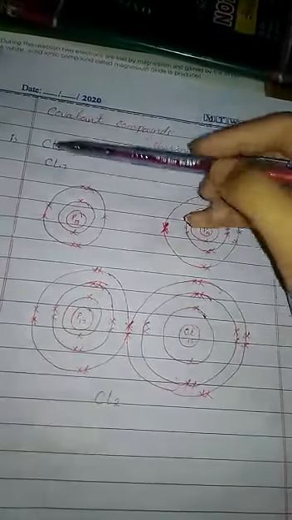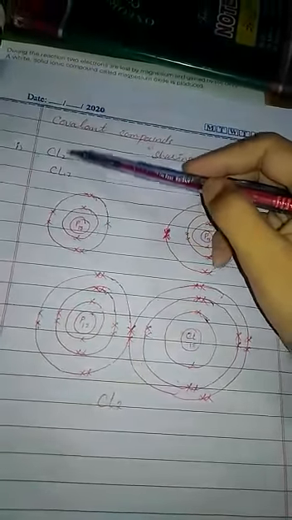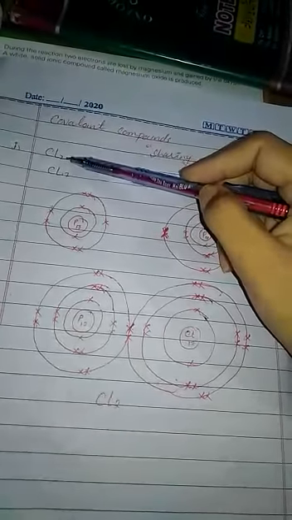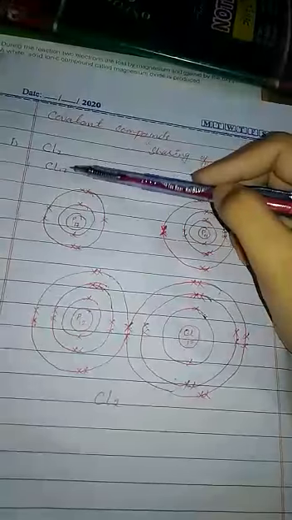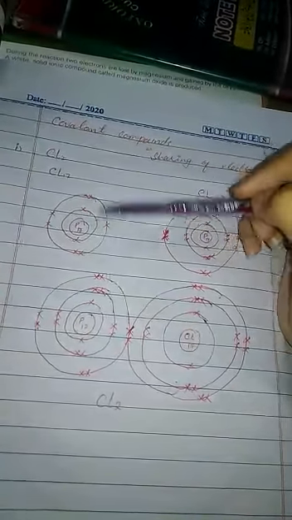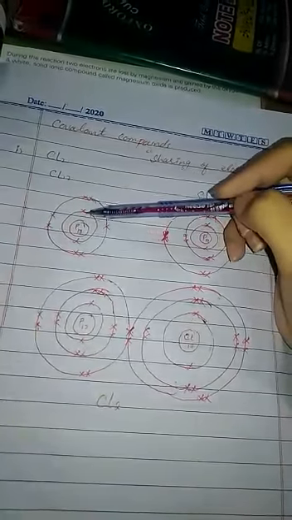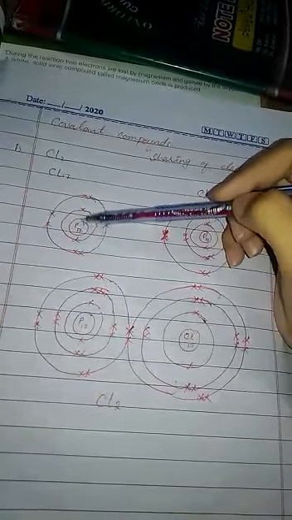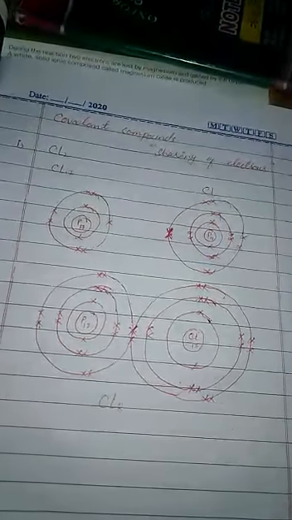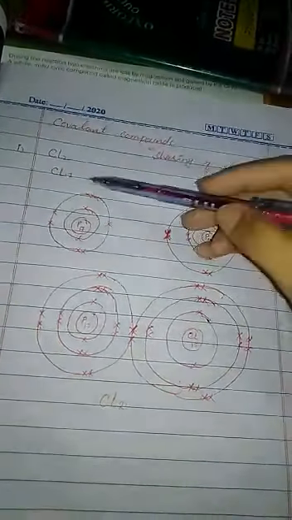Let's see some examples. Chlorine, Cl2. Let's see how it's a covalent compound. First of all, we will check the arrangement of electrons. The atomic number of chlorine is 17.